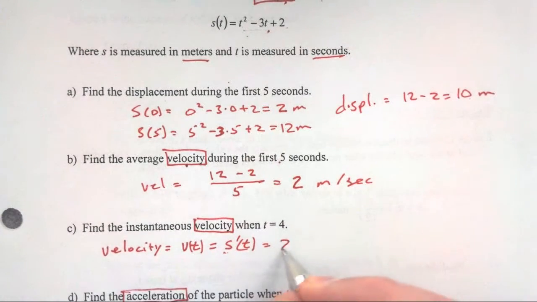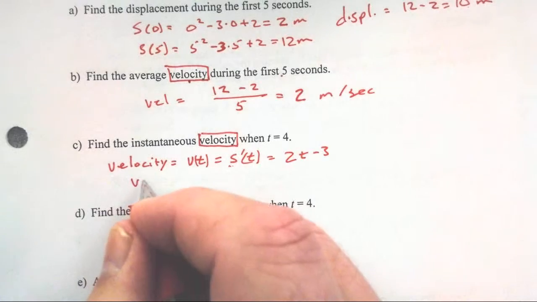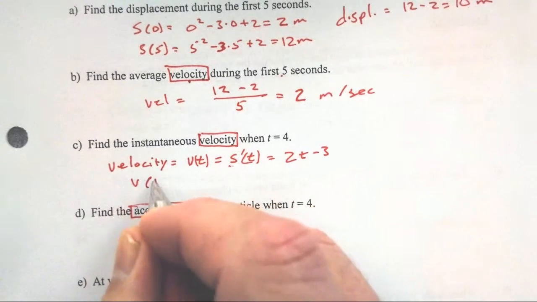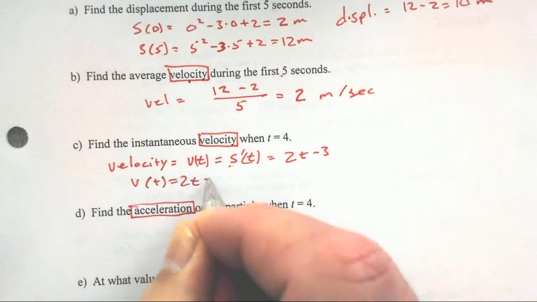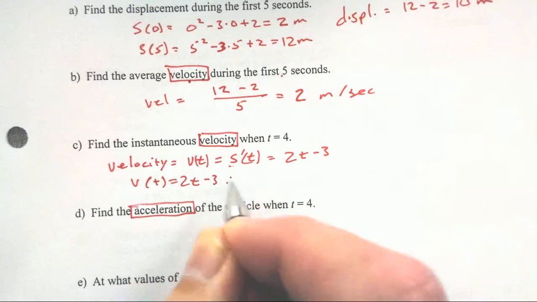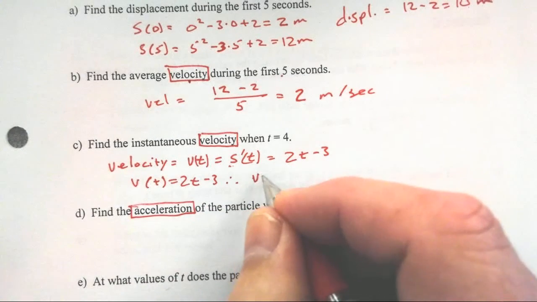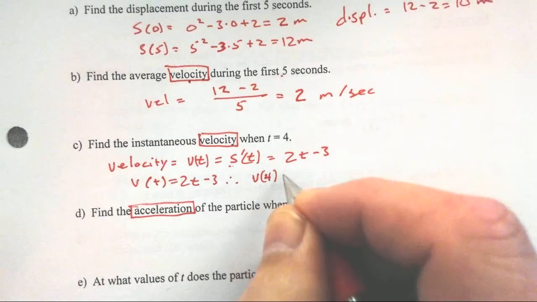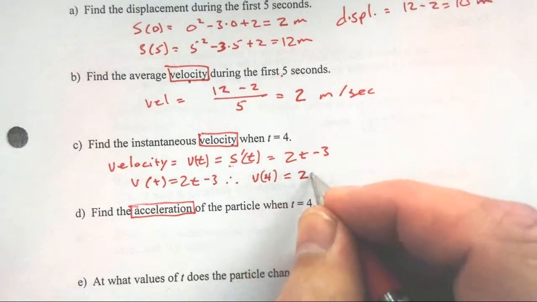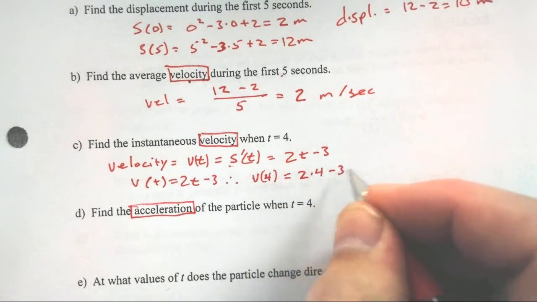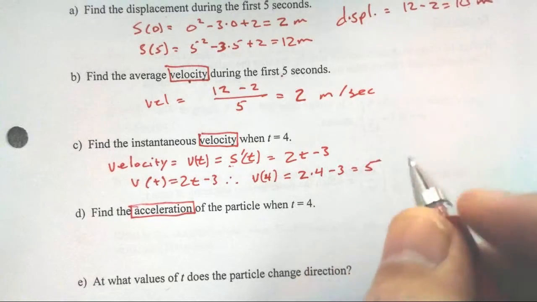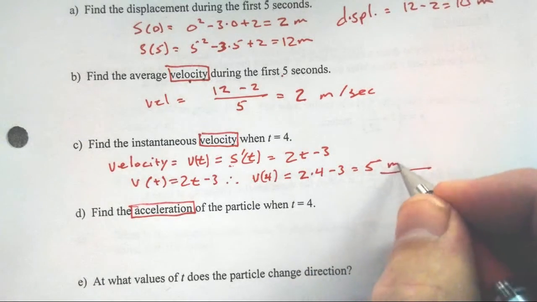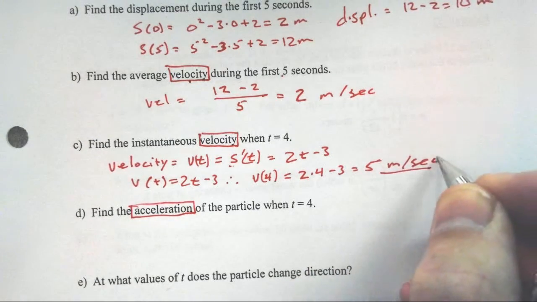We get 2t minus 3. So v of t is 2t minus 3. Therefore, we want velocity at time 4, and our velocity at time 4 is 2 times 4, 8, minus 3, 5. It's a velocity in meters per second.